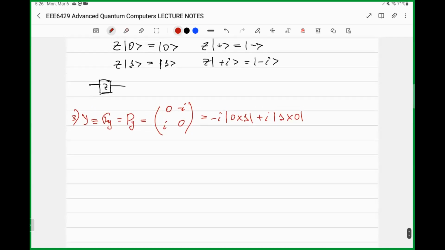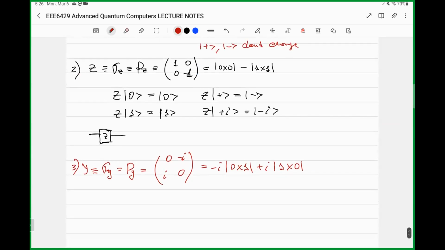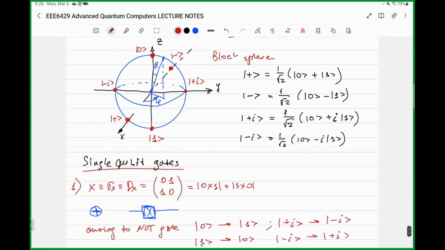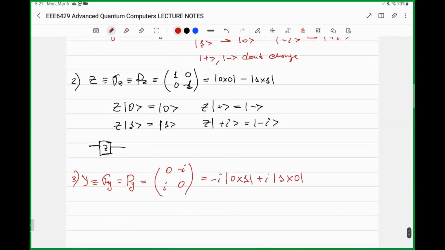This gate operates in a similar way, but with a change of the axis around which it rotates the state. In this case, it rotates around axis y in the positive direction. So it doesn't change the states minus i and plus i, but flips states 0 and 1 and plus and minus.